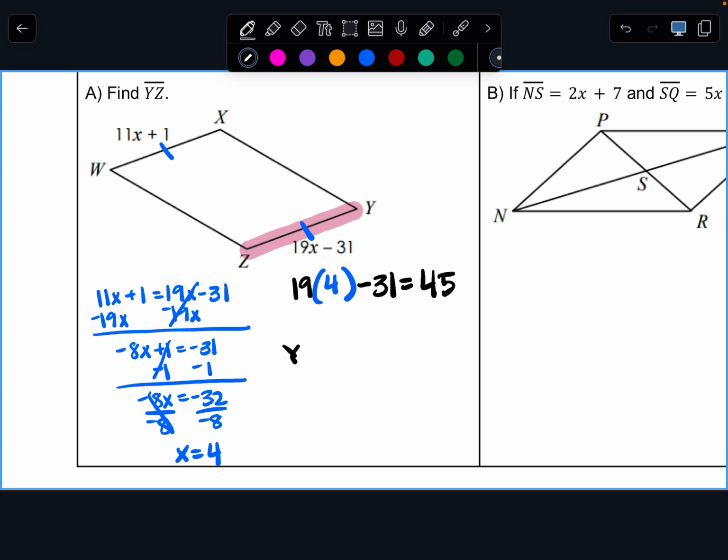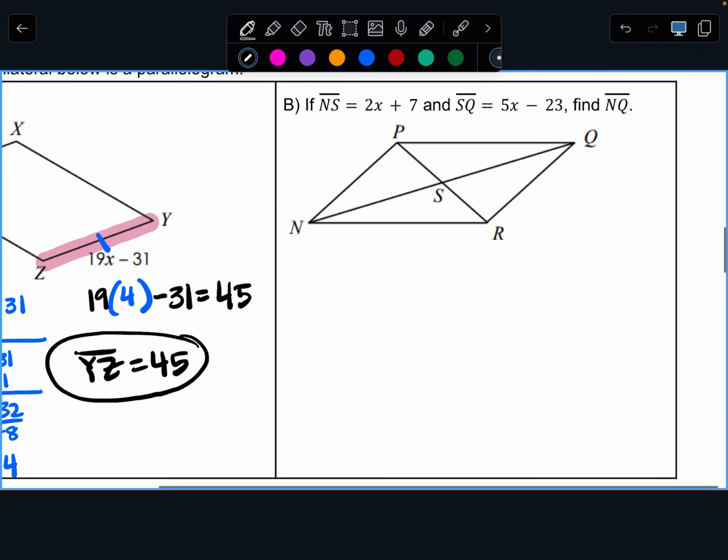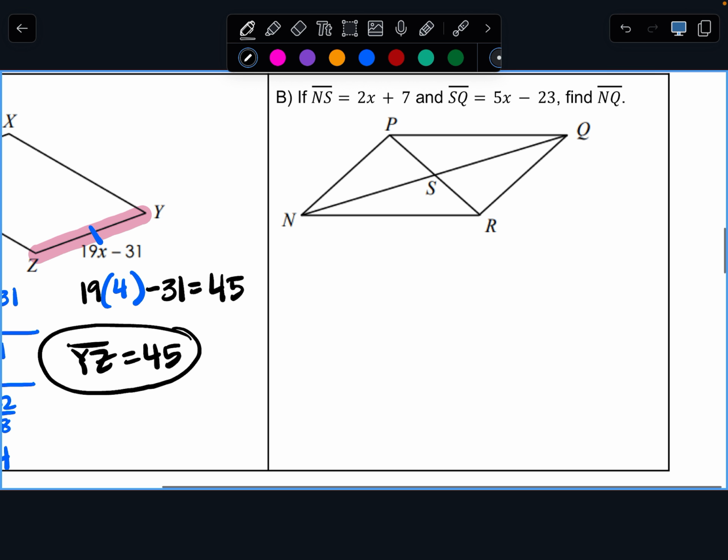So the length of YZ is 45. So remember, don't just solve for x, answer the question. If it says find YZ, you're going to have to substitute it back in. Okay.